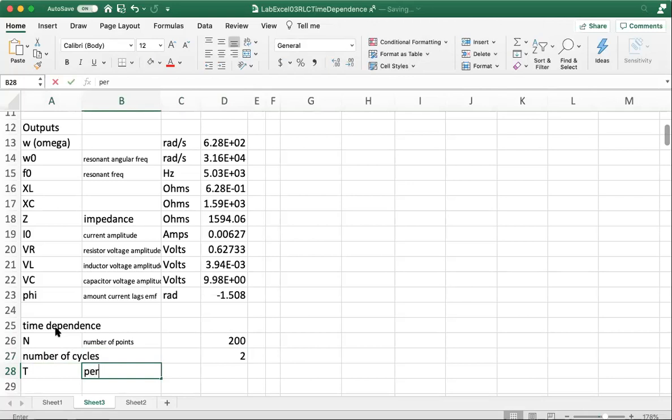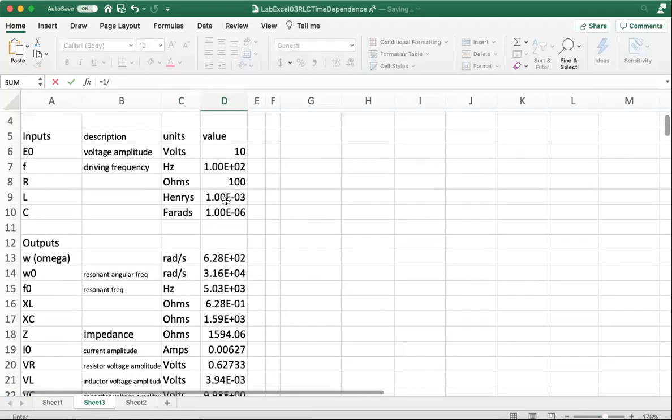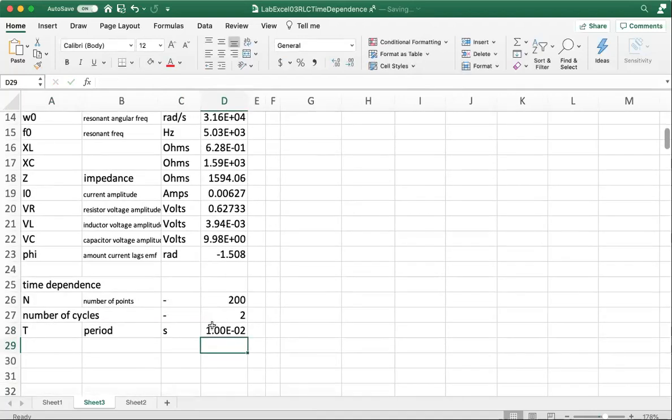This is the period, in seconds. The numbers don't have any units. So what's the period? 1 over the frequency. We're given this input frequency right now, 100 hertz, so you get 10 milliseconds. That's the period. And so dt is going to be our little time increment.